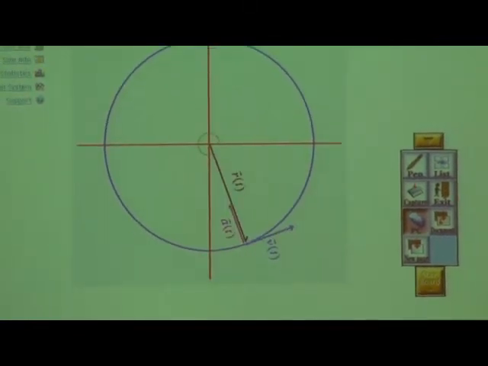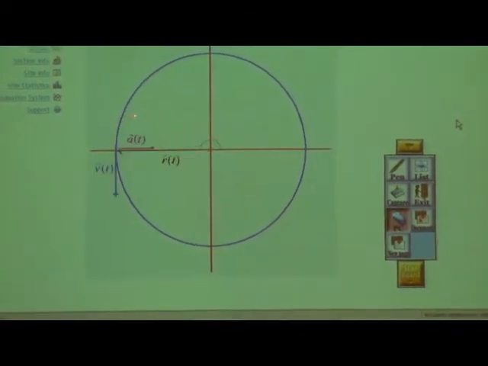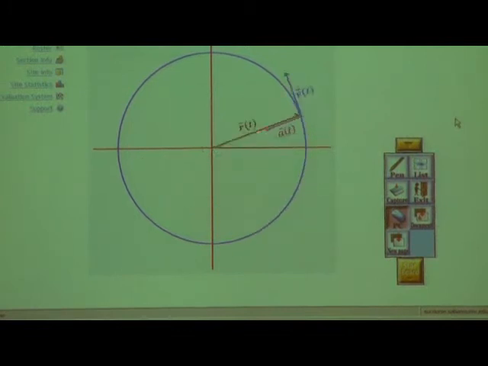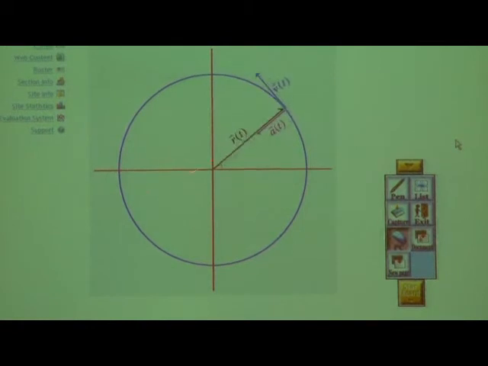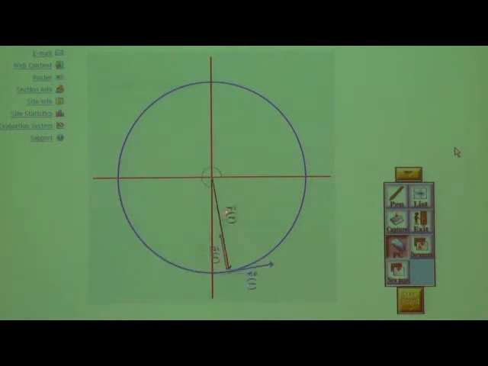Here, this one shows these vectors. The black one in this picture is the position vector. As the particle moves around, of course, the position vector just points to the position of the particle all the time. The blue one is the velocity vector. It's always tangential to the circle, showing the direction of motion.